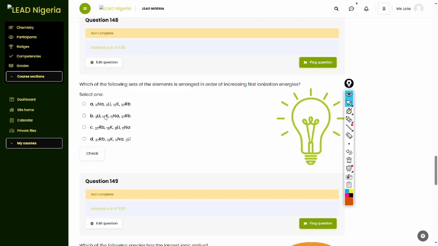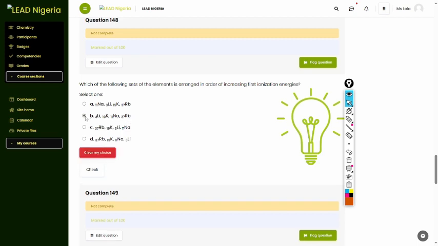So the ionization energy decreases as you go down the group. The one with the strongest ionization energy will be lithium, while the one with the lowest ionization energy will be rubidium. So the answer is B. So, not B, sorry. It should be in order of increasing first ionization energy.